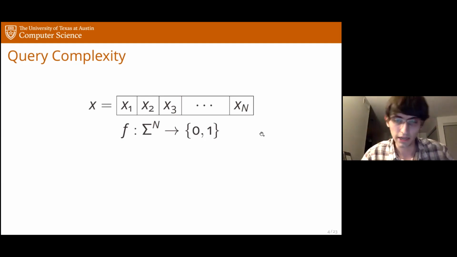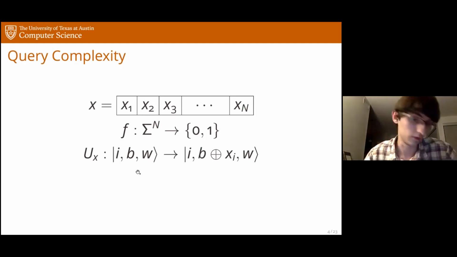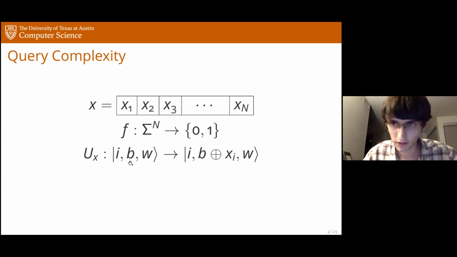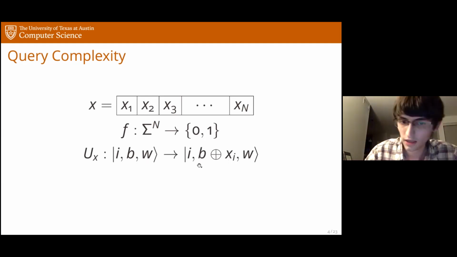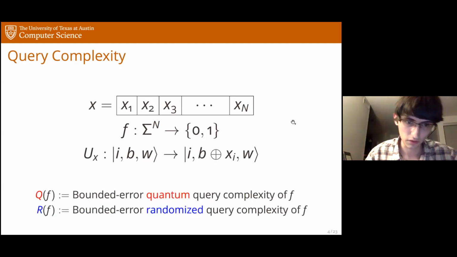And of course, in the quantum model, you don't just get to make classical queries, but more generally, you get to make queries in superposition. Formally, you get access to a unitary that acts on an input register, a target register, and a workspace register, and XORs the ith bit of x into the target register. In this model, there are 2 relevant complexity measures of interest.